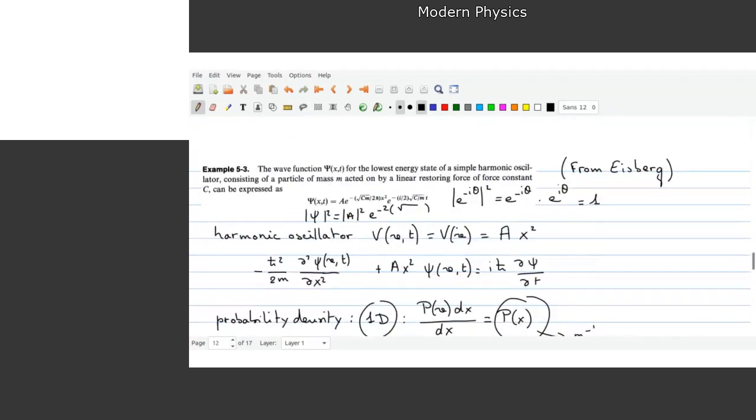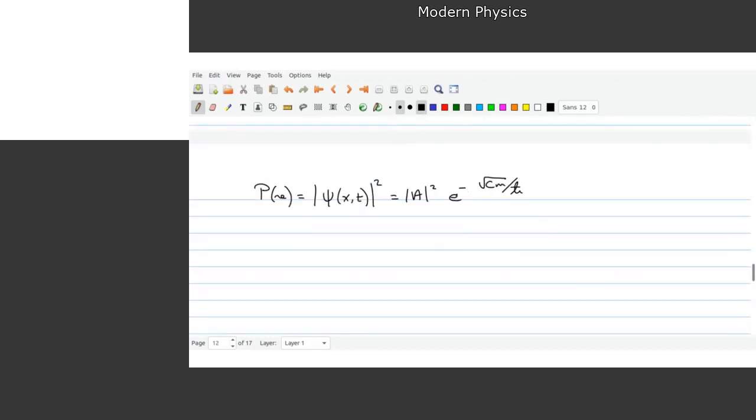H bar square, I think. No, h bar x square. And so what kind of function is that? You see that this is a Gaussian function, exponential of minus constant times x squared. This is a Gaussian function centered at x equal 0.